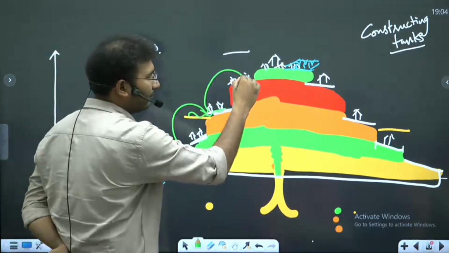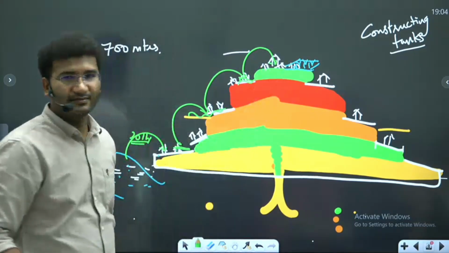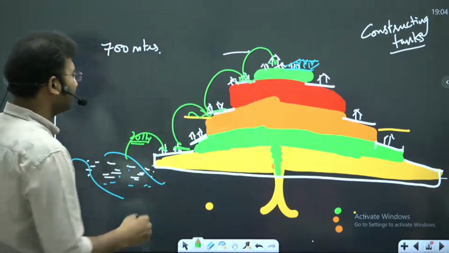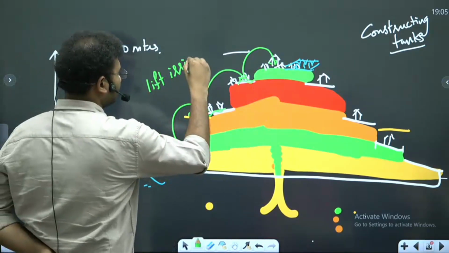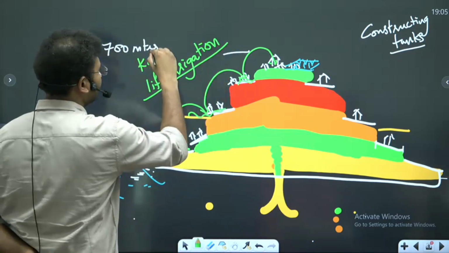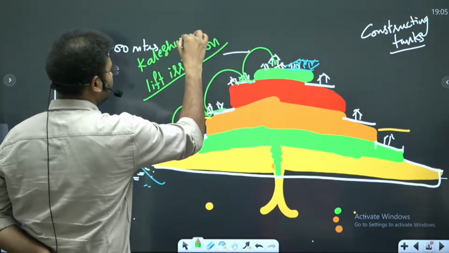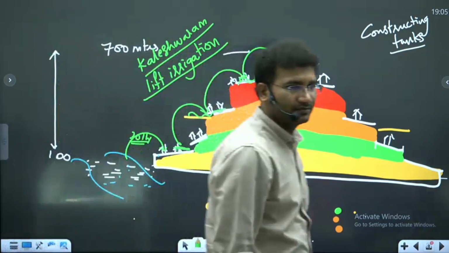Again from here, they pumped the water, dams and canals. Pump, dams and canals. And this pumping is called lift irrigation, and this lift irrigation name is the Kaleshwaram lift irrigation project, right?